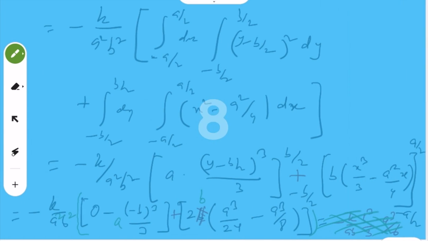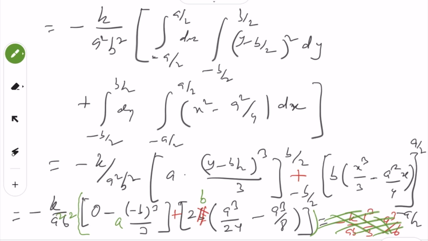Okay, now next, 2b, and this becomes a cube over 6. So the calculations remain similar. So a cube over 6 but multiplied by b, so b a cube over 6.